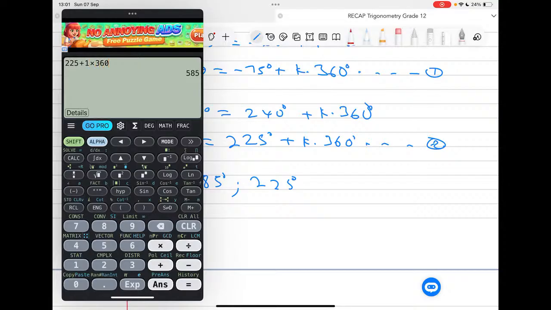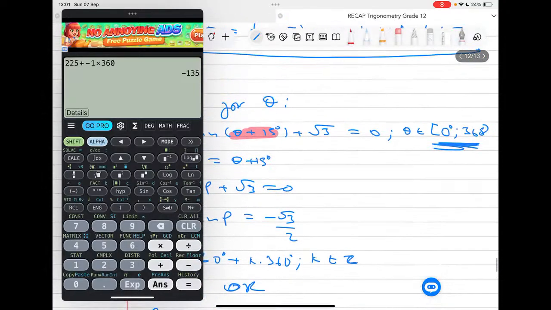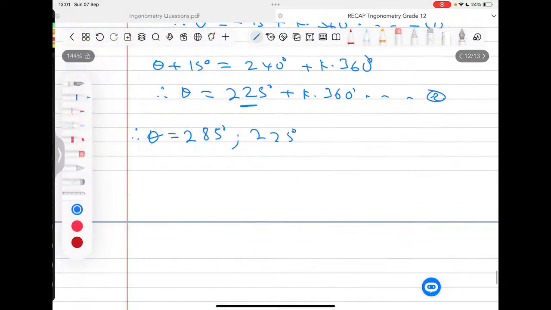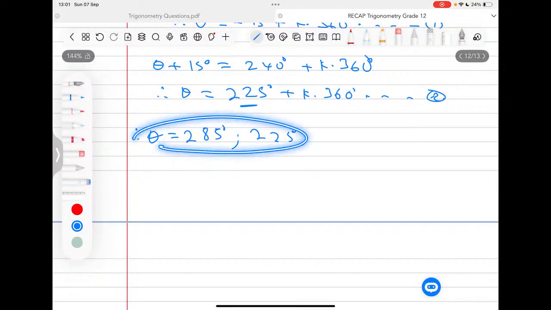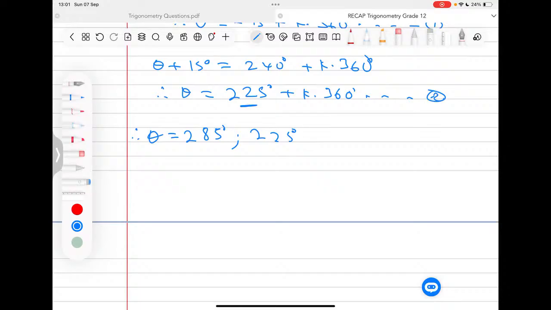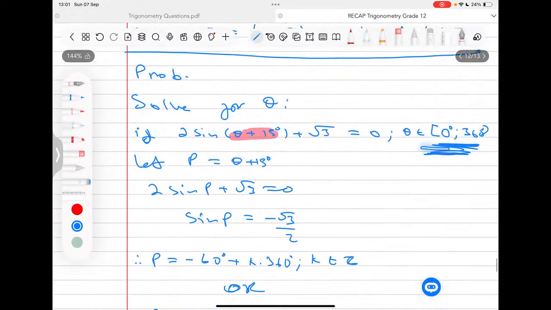Already this will be big. So 585 is above. And then if, let's say, we try -1 there, I get a -135. You know, -135 doesn't fall within this interval, right? We can't have an angle there. So it means our solutions are only these two numbers. Theta is allowed to be 285 and 225 within this interval.